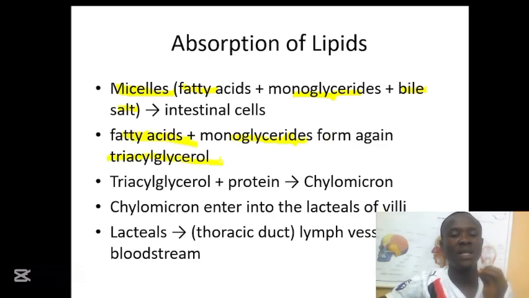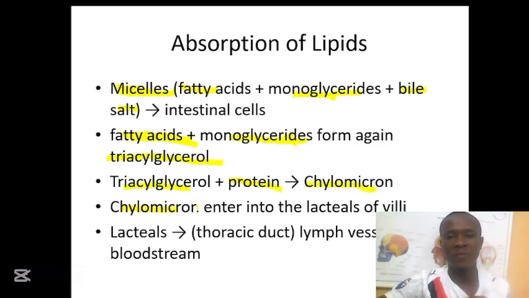That is the lipid we are talking about, which was broken down into fatty acid and monoglycerides. So this fatty acid and monoglyceride will combine again to form triacylglycerol.